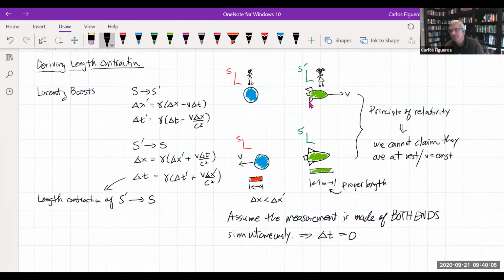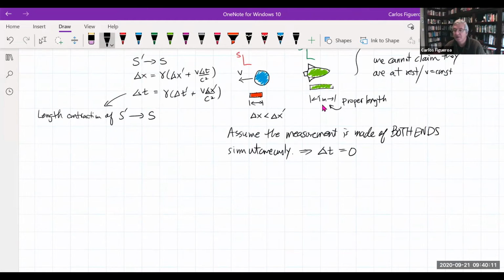But let me tell you why this is a real big issue here. So now let's talk about another system here. This is a real problem with most textbook problems.